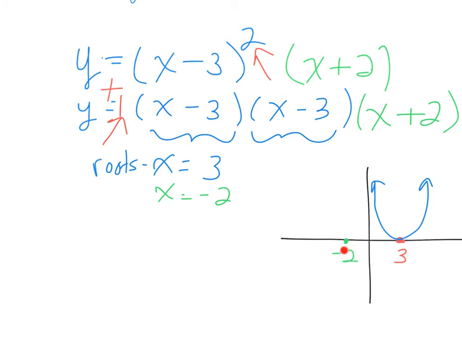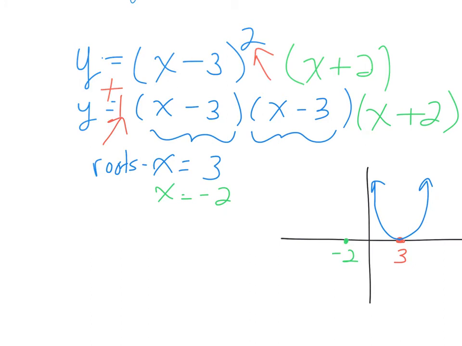But now I've got this situation where I have my double root. So somehow I need to make this work. I know that I'm going to cross here and then touch and then go back up again somehow. That I think is what's going to happen here.